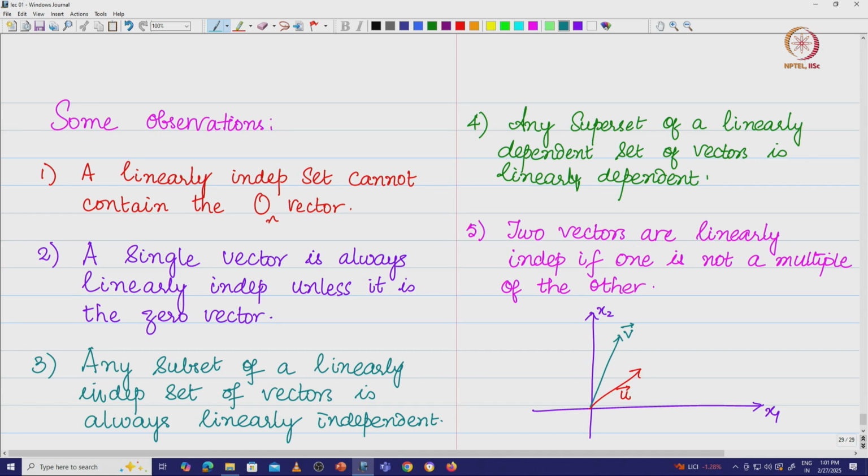So, this implies that for any two vectors to be linearly dependent, they must be in the same direction.